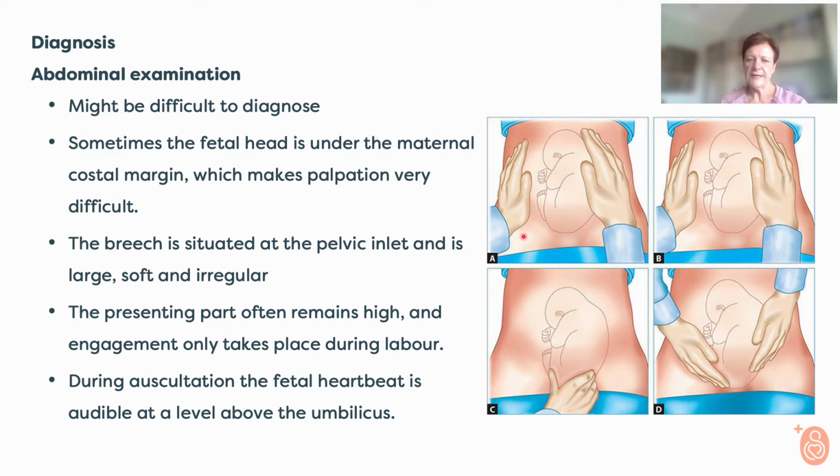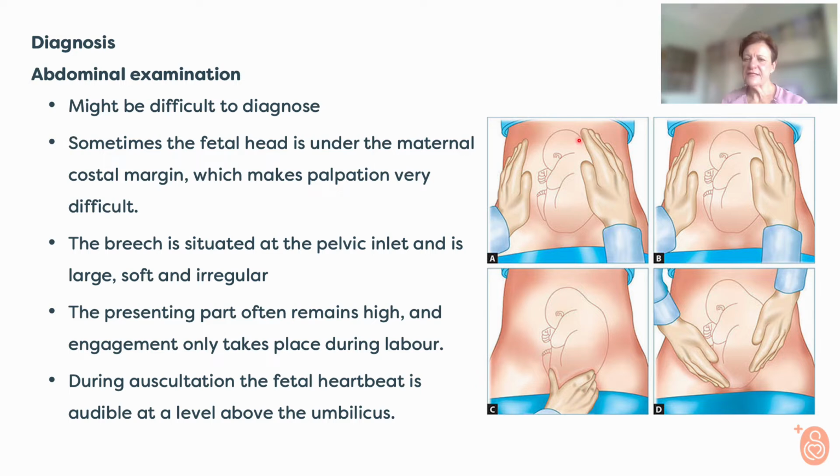Now, sometimes the presenting part remains high, and engagement only takes place later in labor when there are contractions. Another distinguishing diagnostic aspect of breech presentation is that we usually hear the fetal heart loudest behind the anterior shoulder.